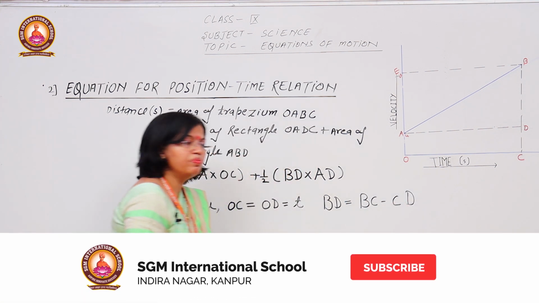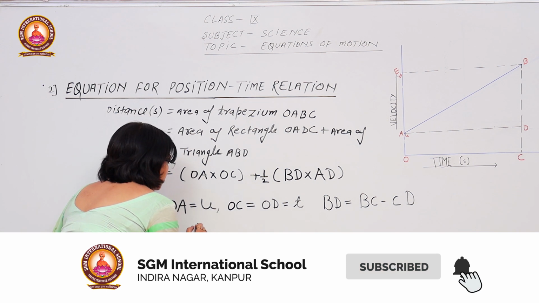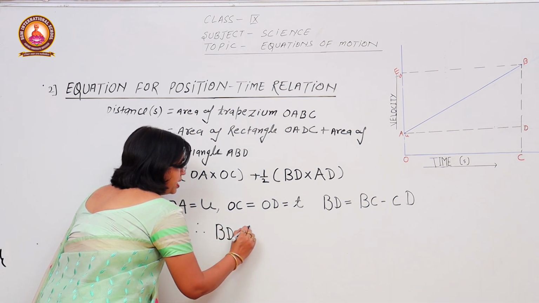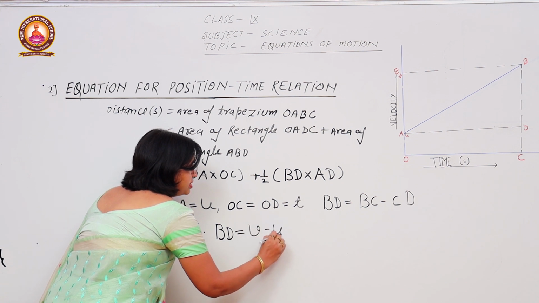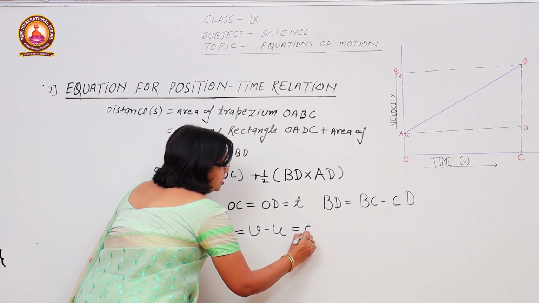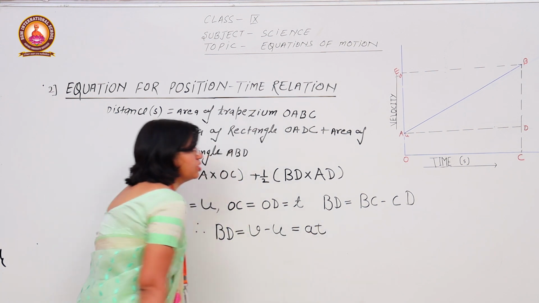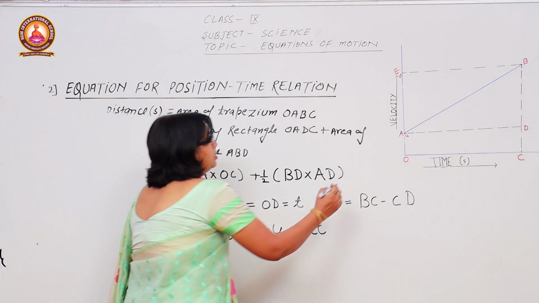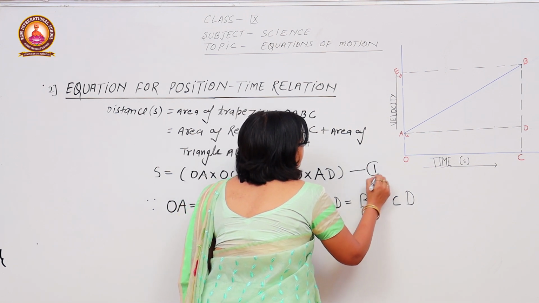We know the value of BC and CD, therefore BD is equal to V minus U, and that is nothing but AT from the first equation of motion. Substitute all these values in equation 1.